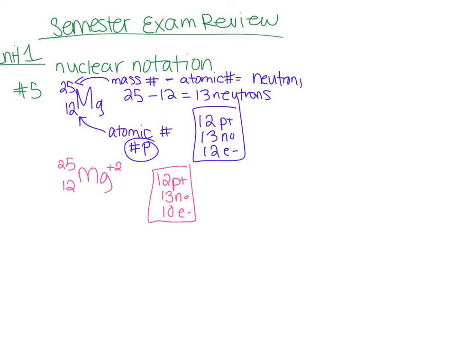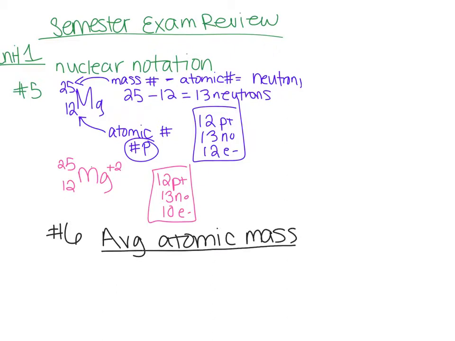All right, so the next question that I'm going to refer to is question number 6, which has to do with your average atomic mass. Your steps for finding your average atomic mass: you're usually dealing with a bunch of isotopes.